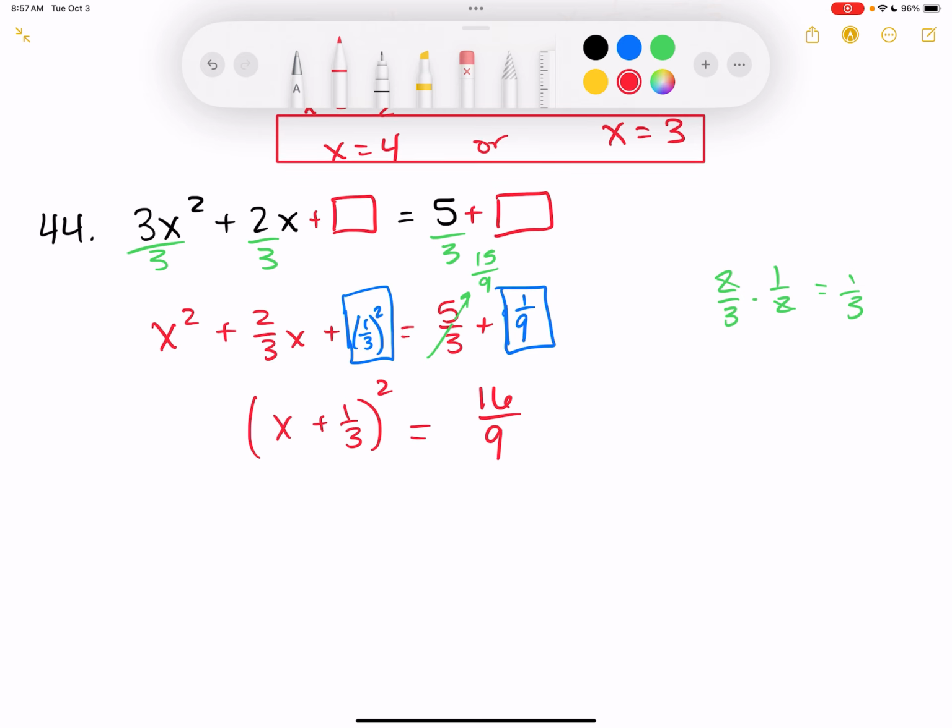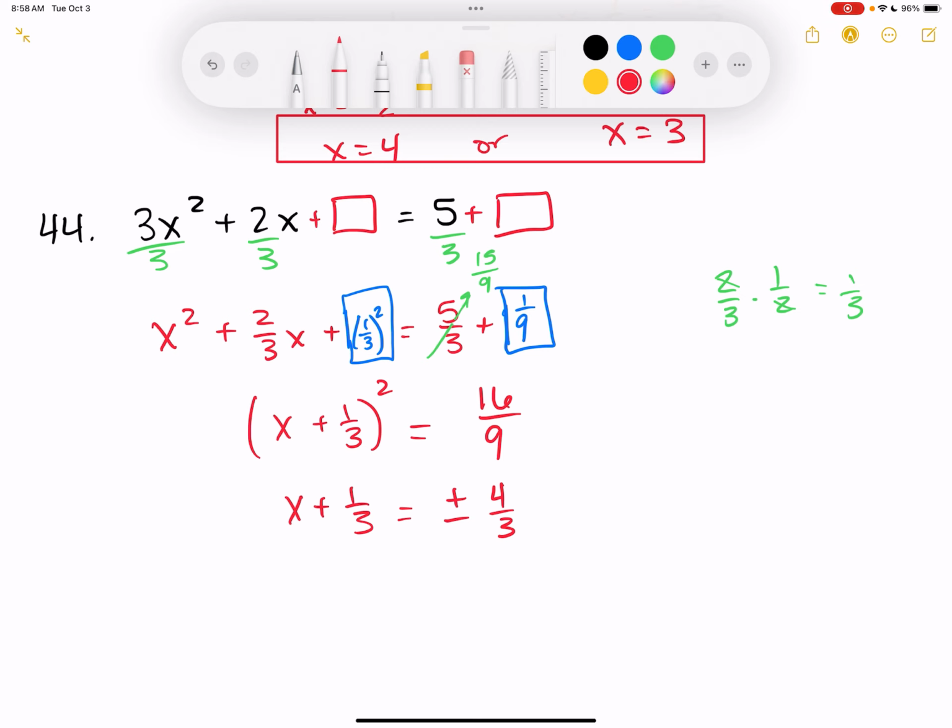Take the square root of both sides, what do I get on the right? What's the square root of 16/9? 4/3, and we're going to be plus or minus 4/3. These are nice, they give us perfect squares.